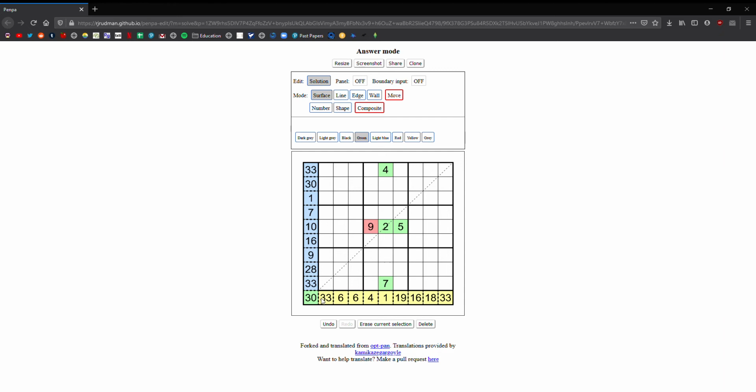But the key thing is, a 32 long sandwich clue will always need, at the very least, 6 green cells. So it'll be either like that or like that. So no matter where we place the sandwich clue here, it's always going to end up being like that.